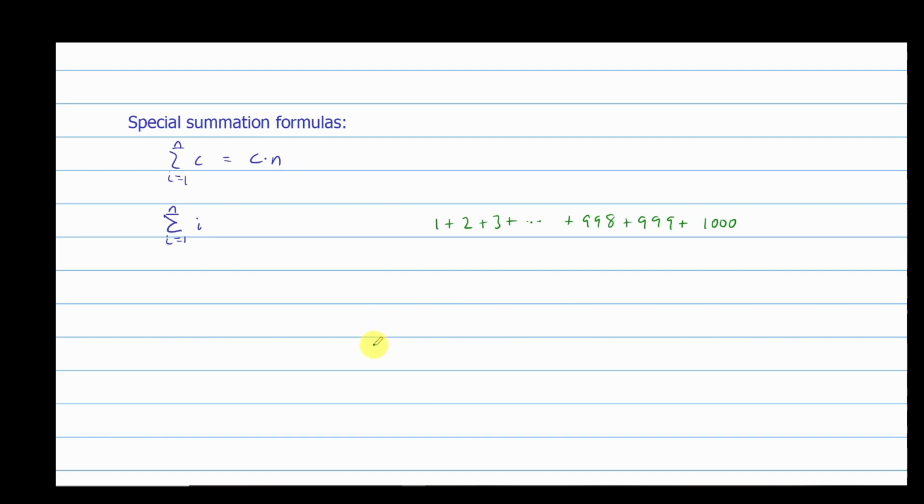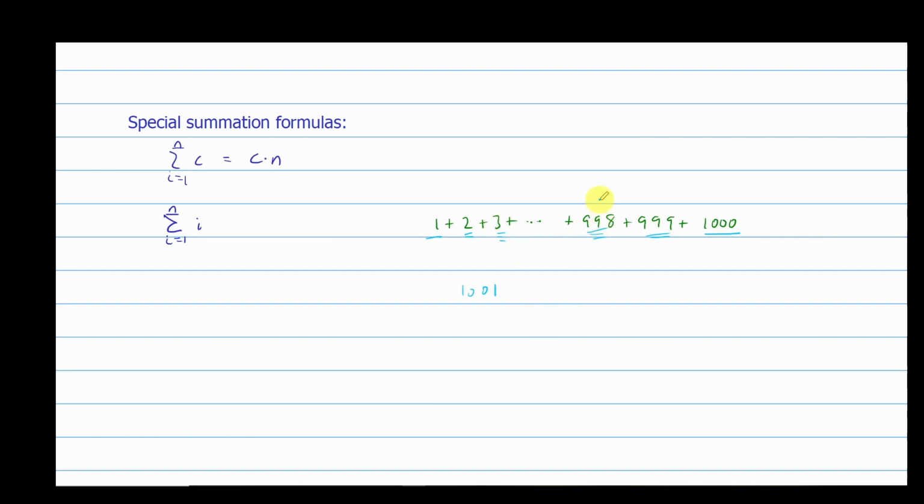And so what Gauss thought of was, well, let's see if we can rearrange things so that I do have the same number over and over again. So what he noticed was, if I take the first number and the last number, they add up to 1,001. And if I take the second number and the second to last number and I add them together, I also get 1,001. And then we take the third number and the third to last.